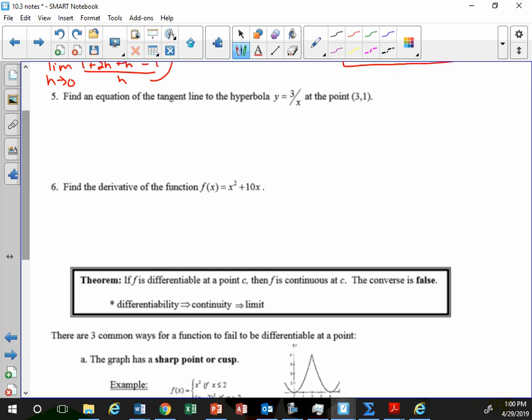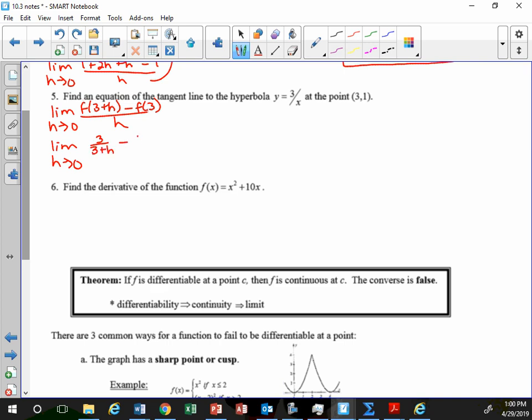Hold on, let me go through 5 first. All right, so limit as h approaches 0, f of 3 plus h minus f of 3 all over h, right? Okay. F of 3 plus h is 3 over 3 plus h.